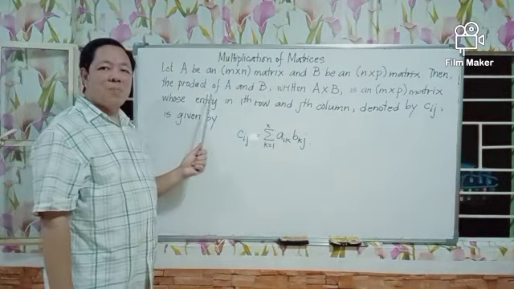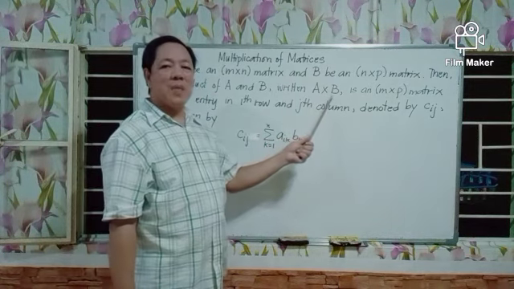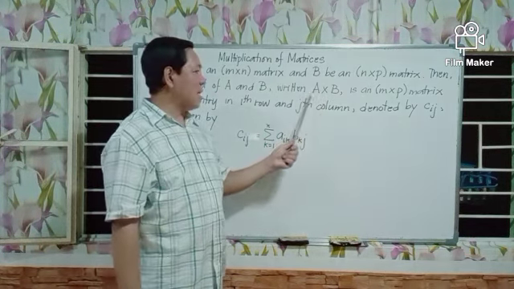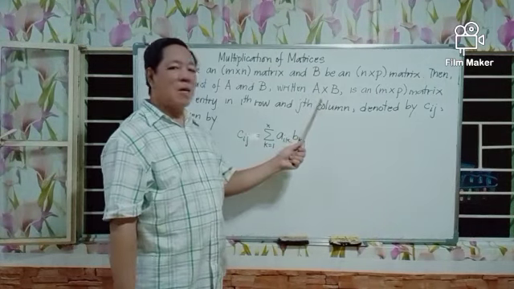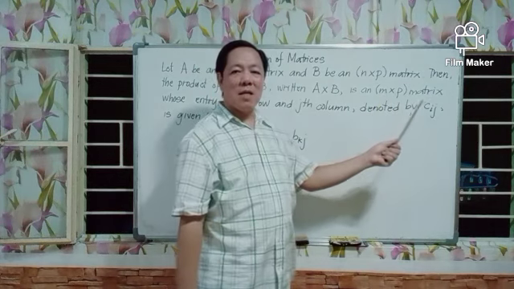Then, the product of matrices A and B, written A times B, is an M by P matrix.